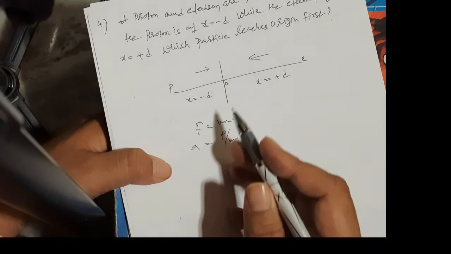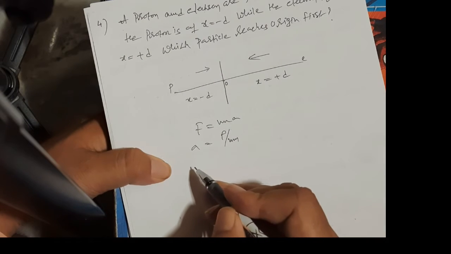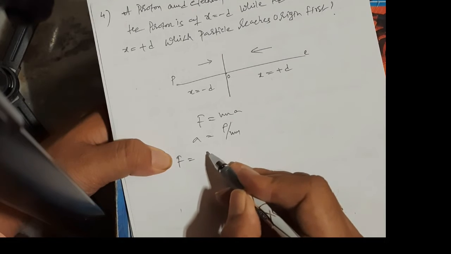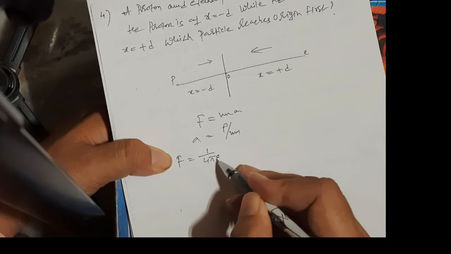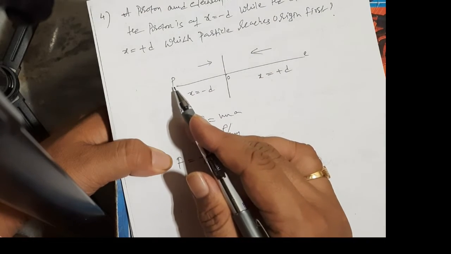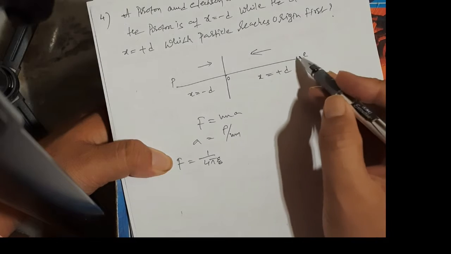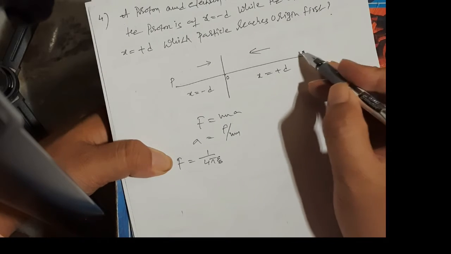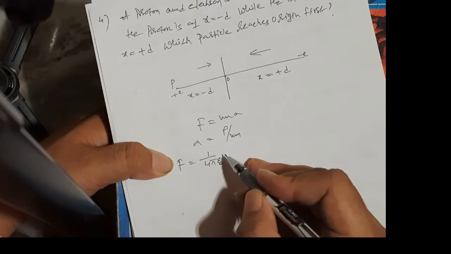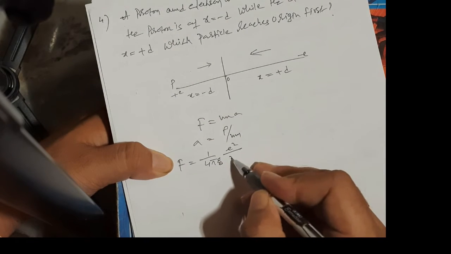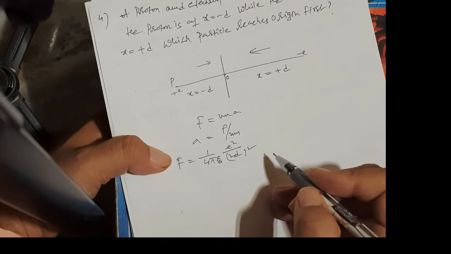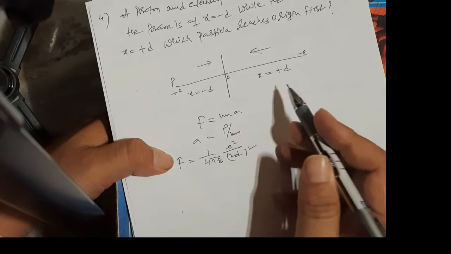What is the initial force between the proton and electron? F is equal to 1 by 4 pi epsilon naught, the charge of the proton is plus e and the charge of the electron is minus e, e square divided by 2d whole square, according to Coulomb's law.